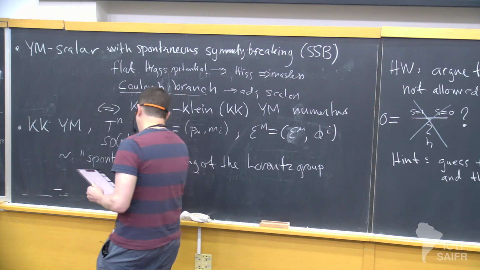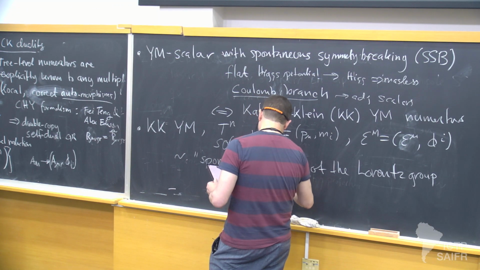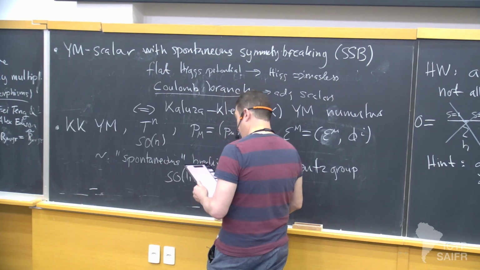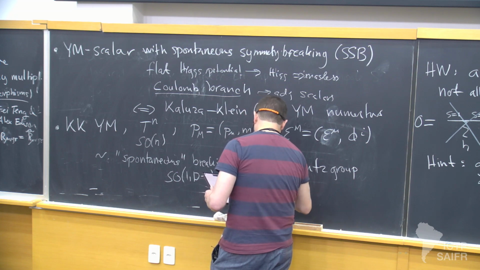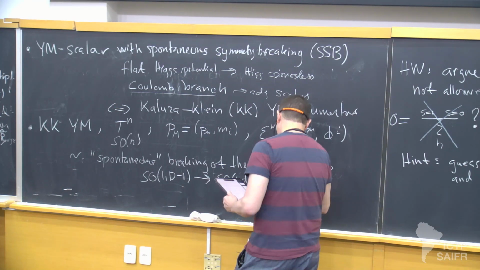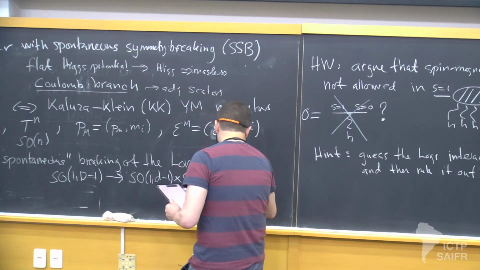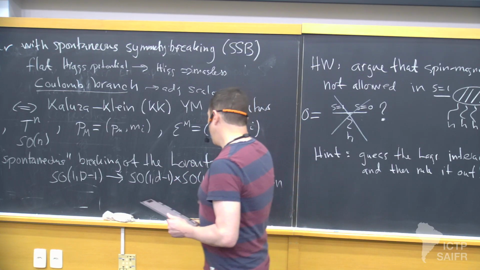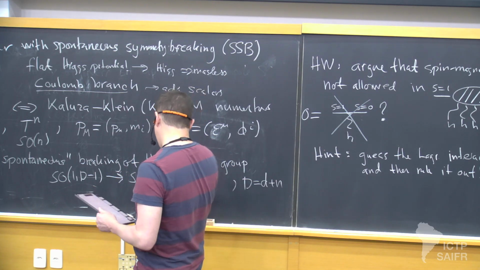So if you start from SO(1, D-1), so that's your original Lorentz group, then you can break it down to SO(1, d-1) times SO(n). And here, my capital D is just little d plus n. That's one way to think of this toroidal compactification.